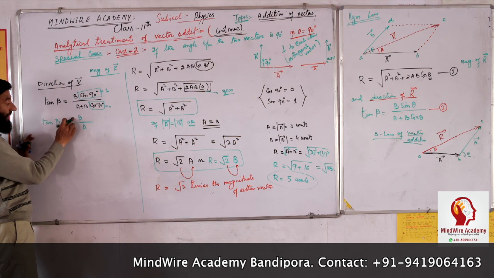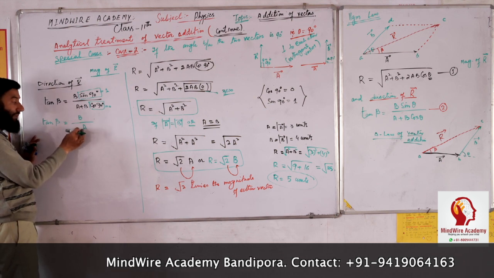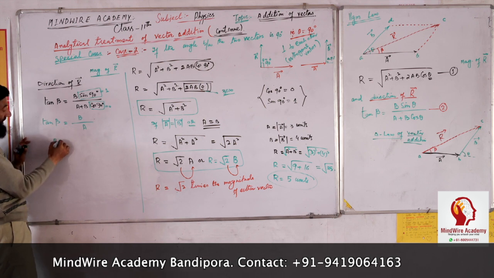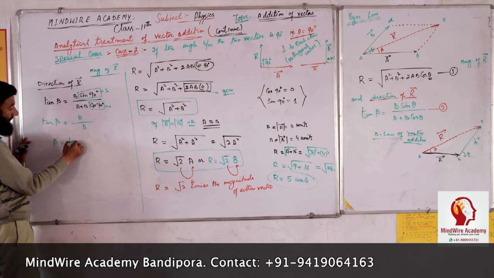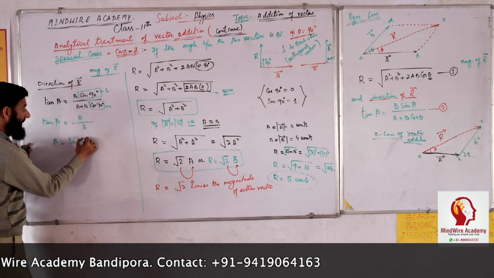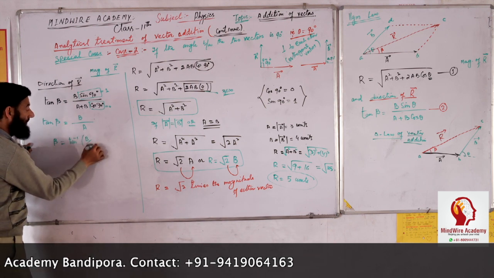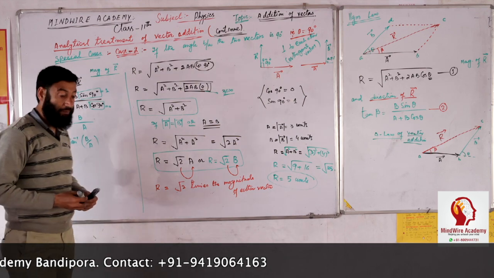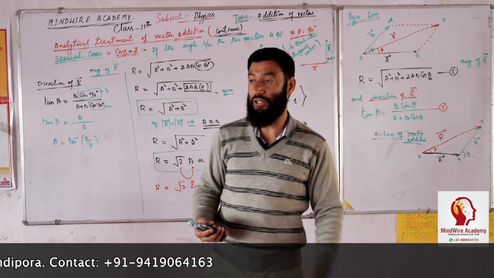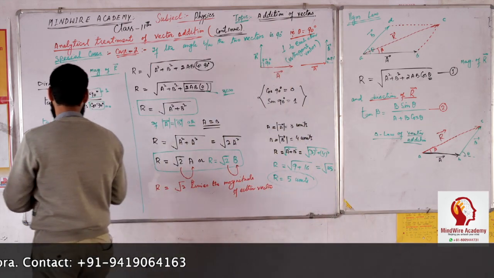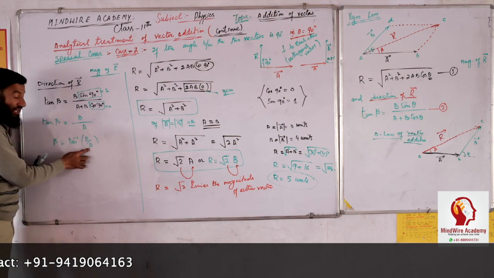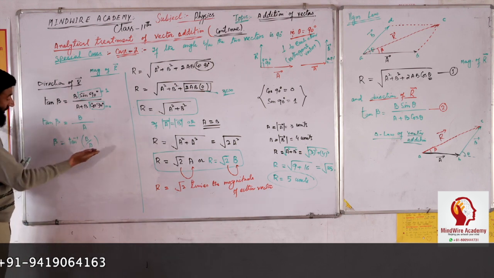So tan beta is equal to the magnitude of the second vector b upon the magnitude of the first vector a. Or I can say that beta equals tan inverse b upon a. That means here we are not having some particular value of the direction, whether it will be in the same direction of a or the same direction of b. The direction beta depends upon the magnitudes of b and a. If they have different magnitudes, we can get a different value of beta.